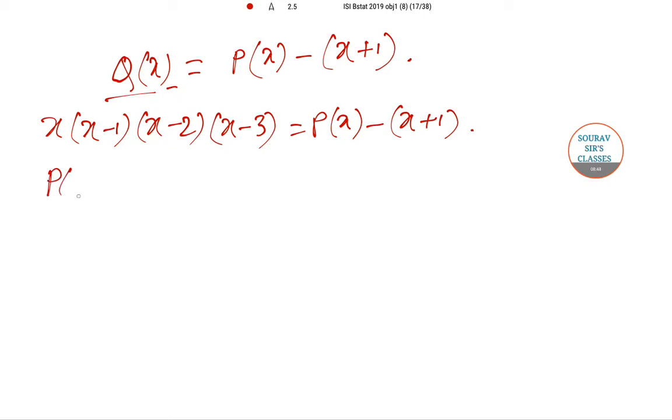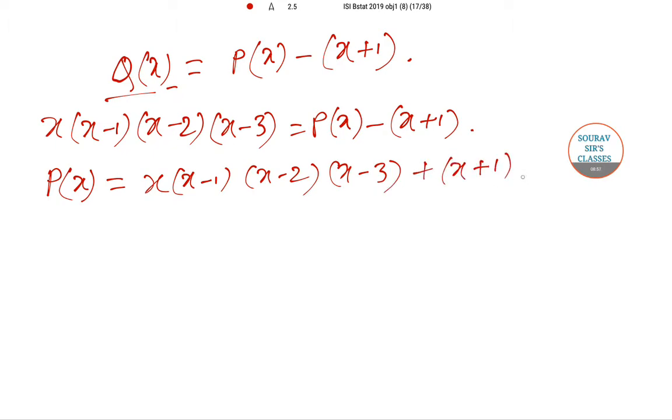So P(x) equal to x into x minus 1 into x minus 2 into x minus 3 plus x plus 1.